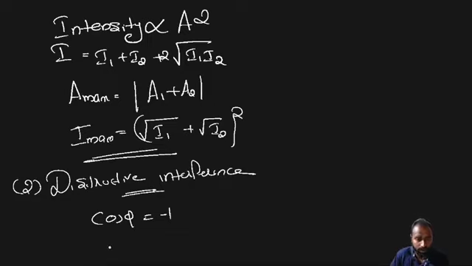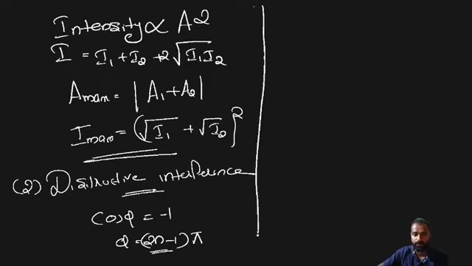So I can take phi as (2n minus 1) pi, where n is equal to 1, 2, 3, 4, etc. This is the case of destructive interference.